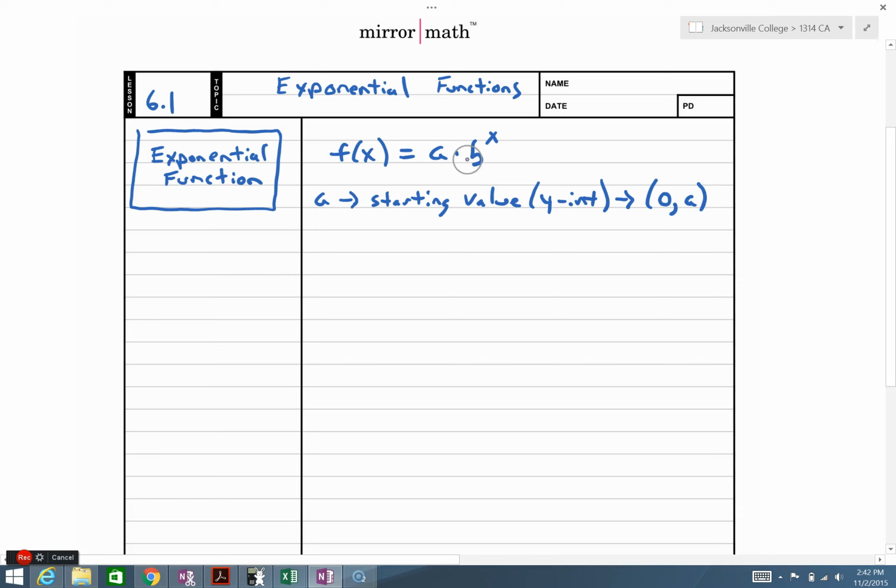This b is a rate. All right? This value of b is going to give us some ideas about the graph. If this b is greater than 1, then we have exponential growth.